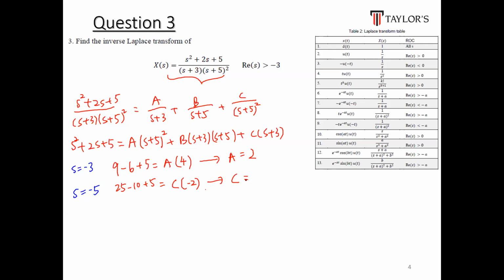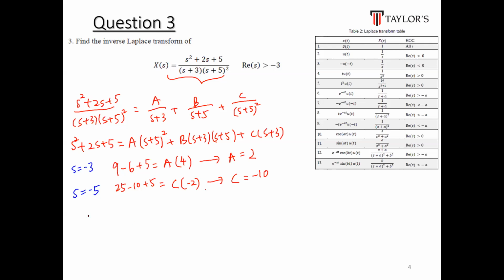So it gives us minus 10. All right, let me check again, my calculator. 20 divided by, okay, correct.